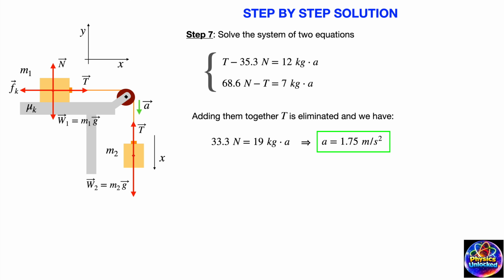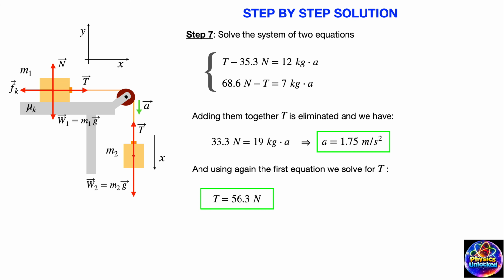That's the first answer we have, so the first unknown. And then if we use again the first equation of the system, T minus 35.3 newtons equals 12 kilograms times a, but we know the value of a, so we can solve for T, and we find out that T is equal to 56.3 newtons.